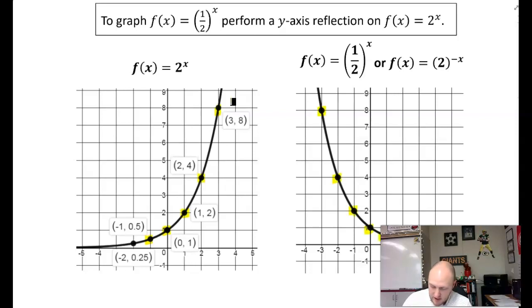I go left 3, up 8. I go left 2, up 4. I go left 1, up 2, and 0, 1. So our key point here, which kind of acts as our axis of reflection, is this anchor point, 0, 1. That point is not affected by that c value with the mirroring.